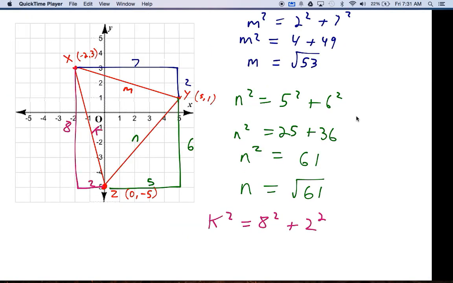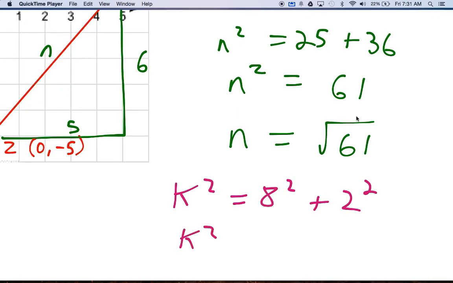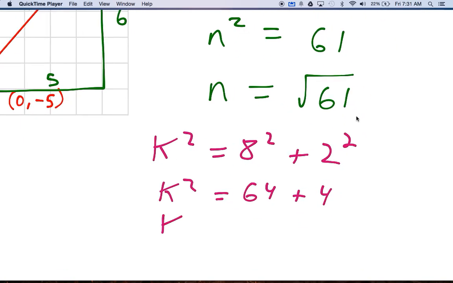See what I'm doing? I'm just using this distance and this distance to find the length of that side right there. I can go through and solve this. I get k squared equals 64 plus 4. K squared equals 68, and so k equals the square root of 68.